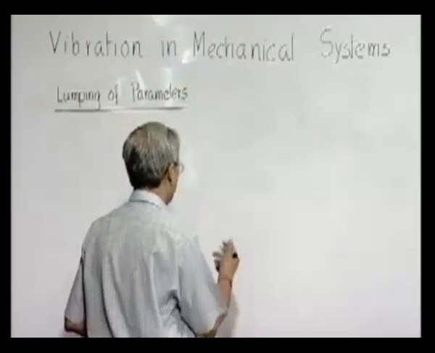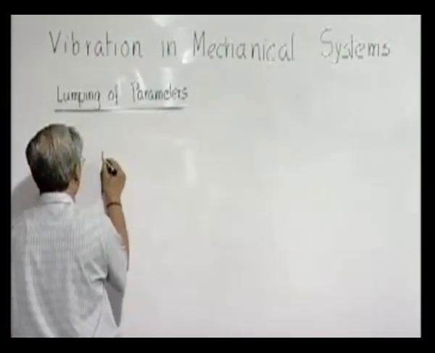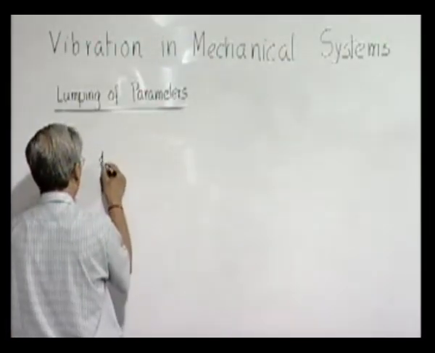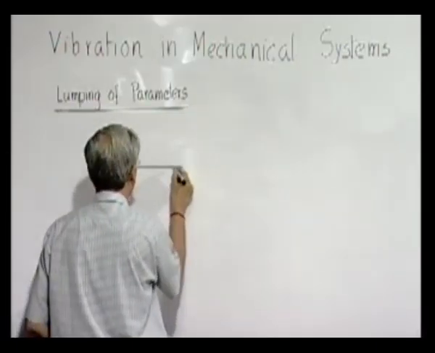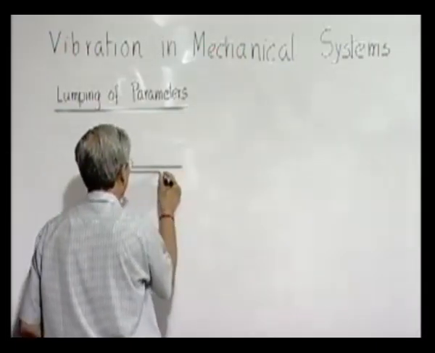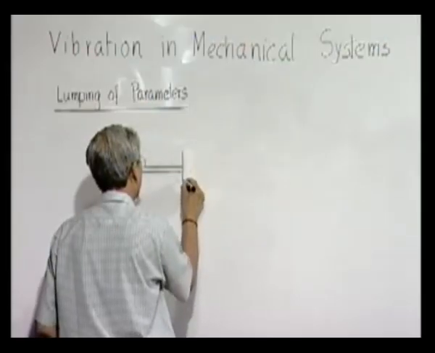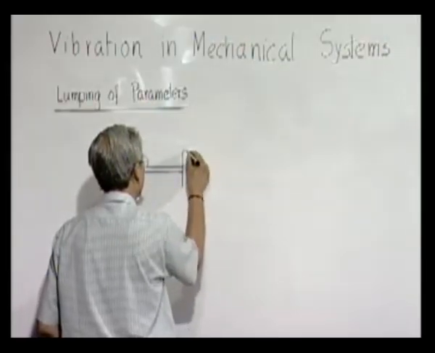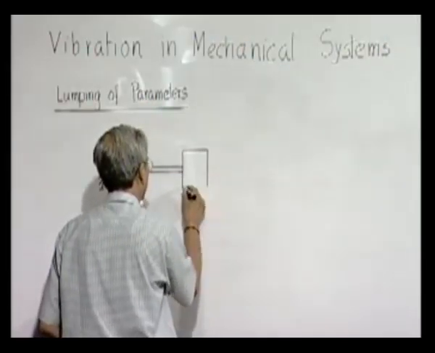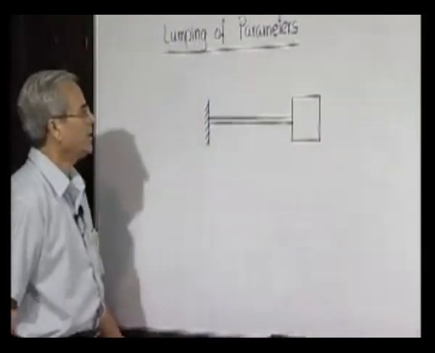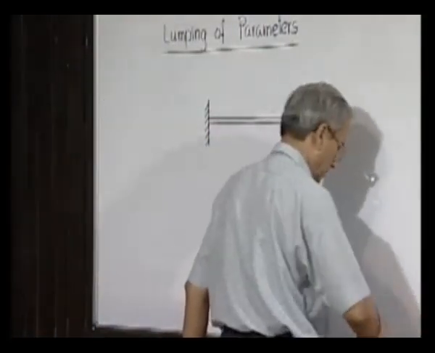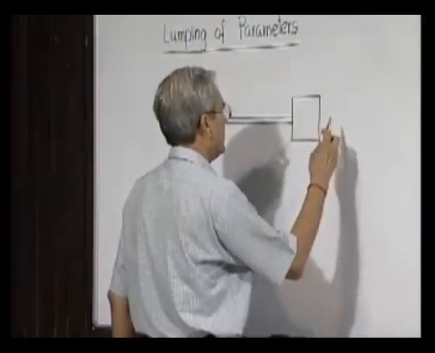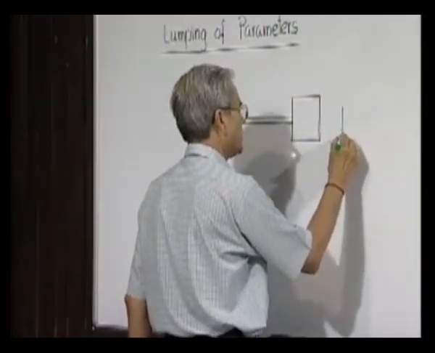Now in a system, say for example, take a cantilever beam with a heavy weight at the end. This is a vibrating system. If we disturb it here, it can oscillate like this.